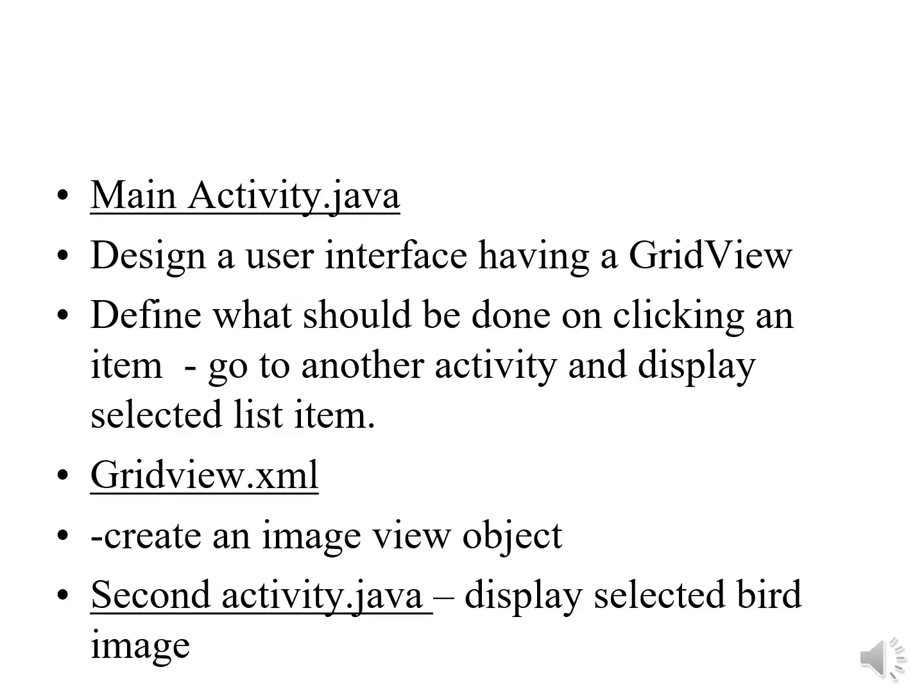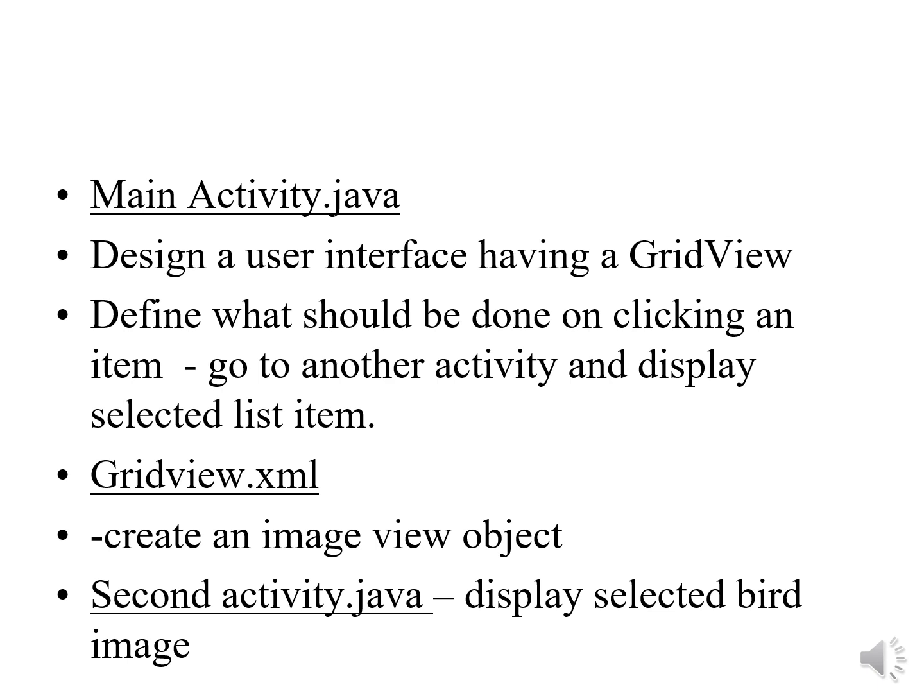So in your application there will be two Java files and three XML files. In the main activity file, you will be creating a user interface having a grid view, and you will be writing code for what should be done on clicking an item.